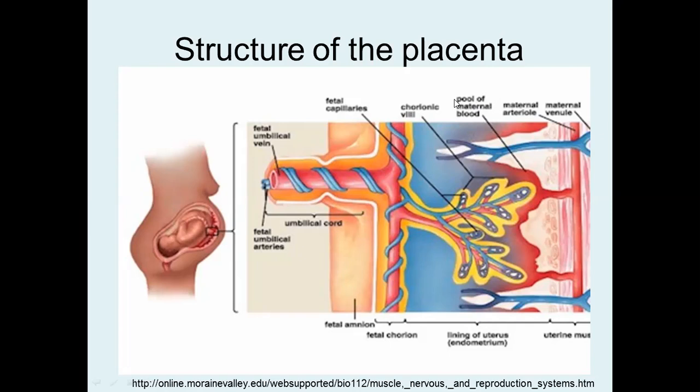And that means that there's a pool of maternal blood surrounding the chorionic villi. So they are embedded in the blood liquid. They are surrounded by mother's blood, maternal blood. The chorion, being a membrane, prevents those two bloods from mixing.